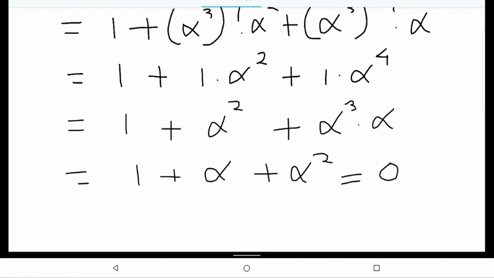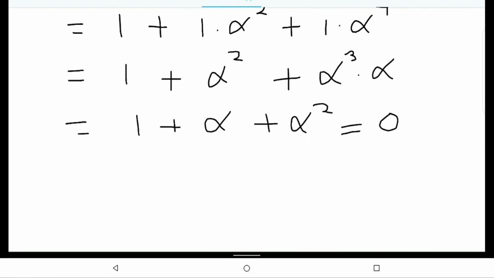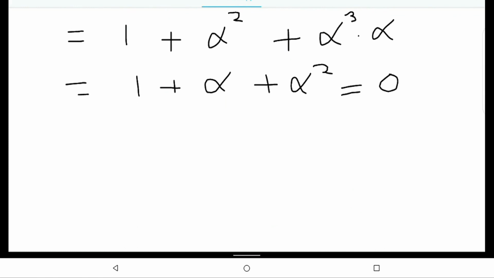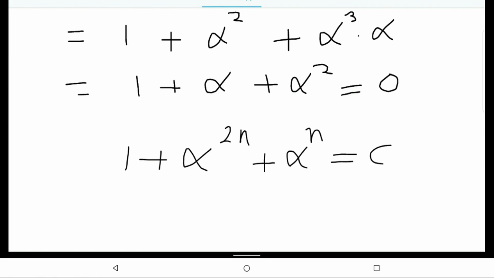So we have in both case 1 and case 2 that 1 plus alpha to the power n plus alpha to the power 2n equal to 0. Of course, this is not true if n is a multiple of 3, or if n leaves the remainder 0.